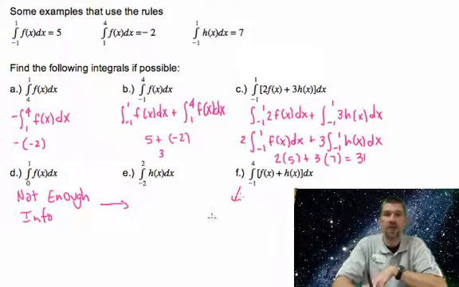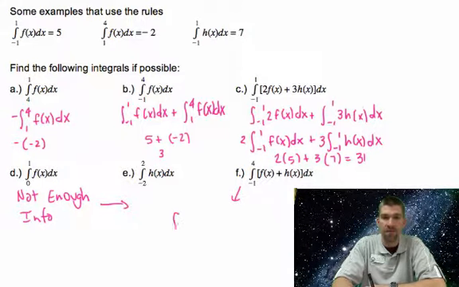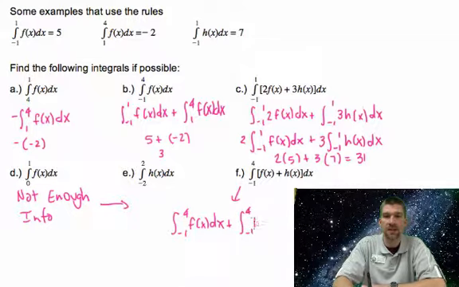Now that takes us to F. Well, I can rewrite F as -1 to 4 of f of x dx plus -1 to 4 of hx dx. I can do this guy. This is -2, but I can't do this guy because, again, I don't have a rule for him.